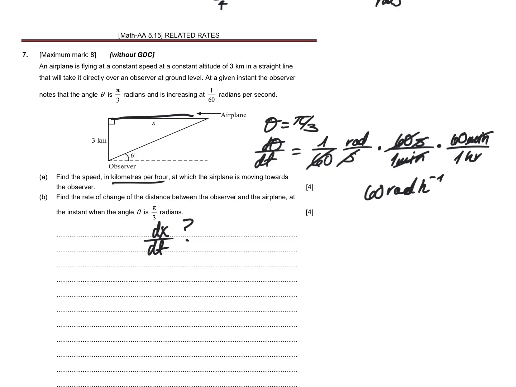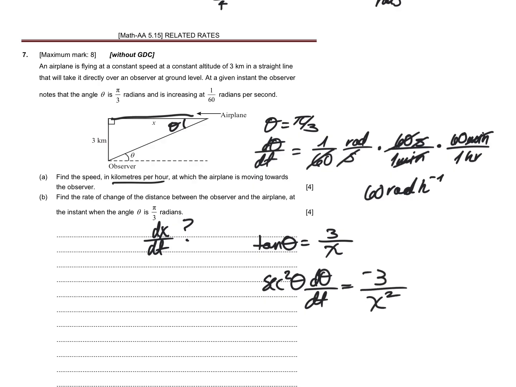And we need a relationship between theta and x. Okay, so by parallel sides, this is theta. So we're going to have tangent theta equals 3 over x. So secant squared theta d theta dt is going to be negative 3 over x squared dx dt.